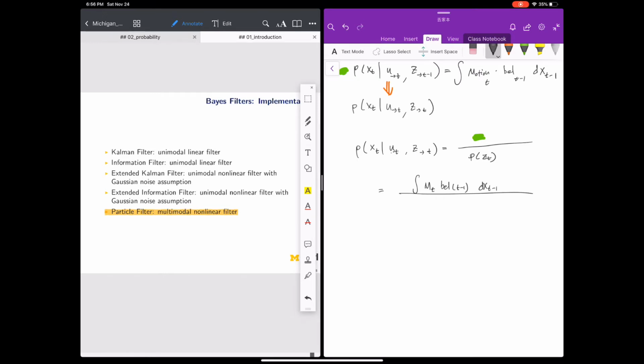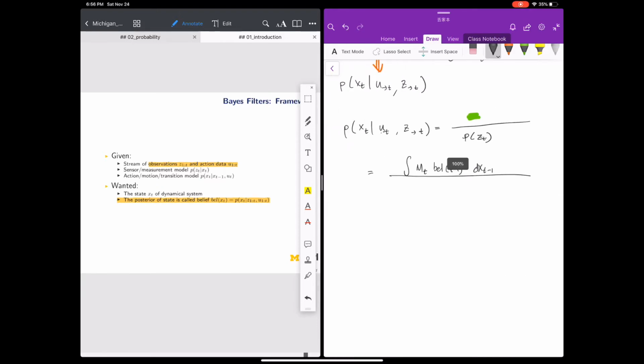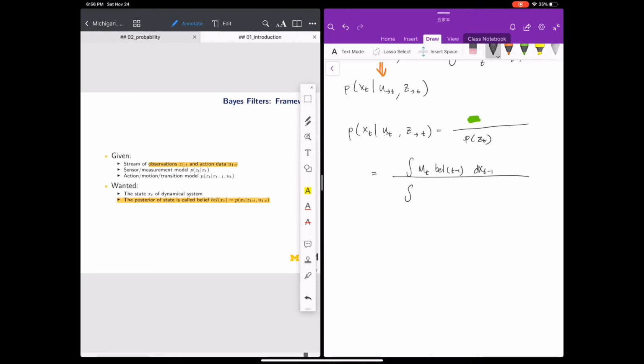And what is p zt? Somehow we want to use our measurement model. So our measurement model, so p zt. Let's write it in a different way.